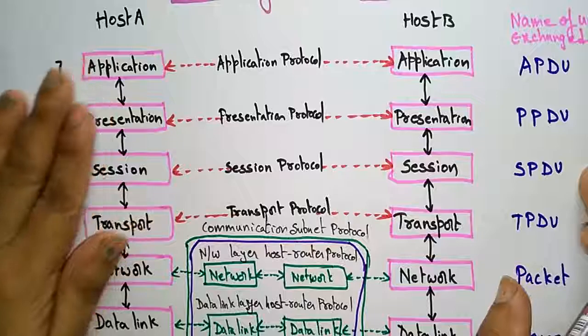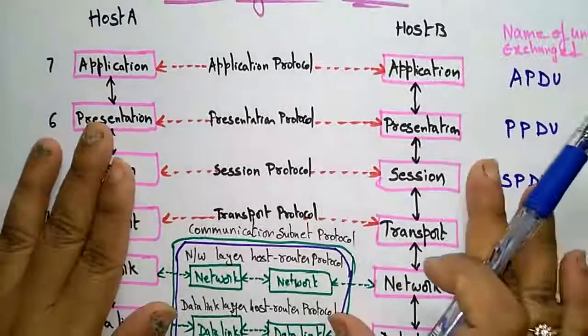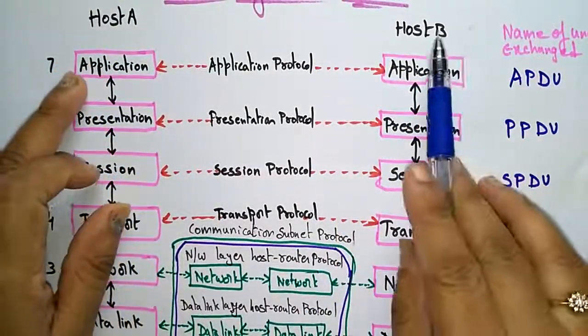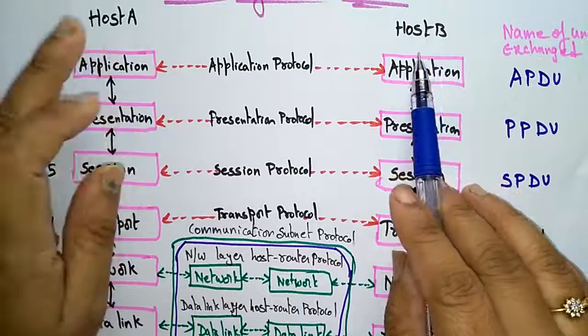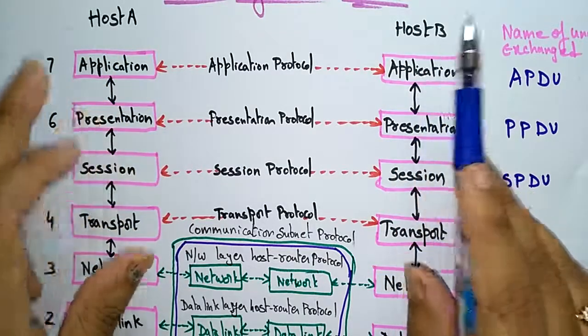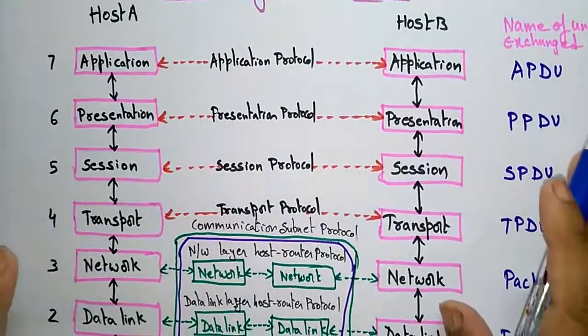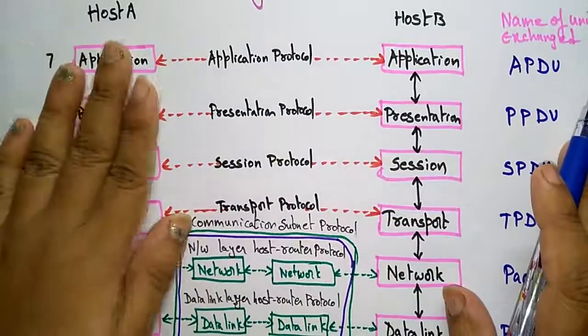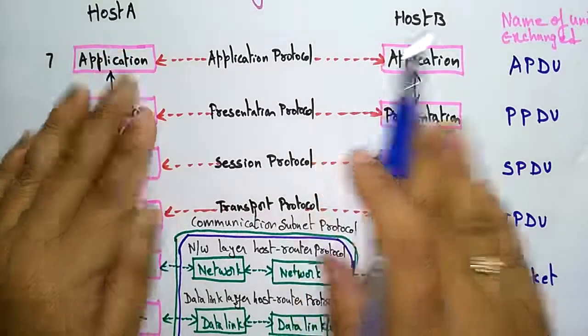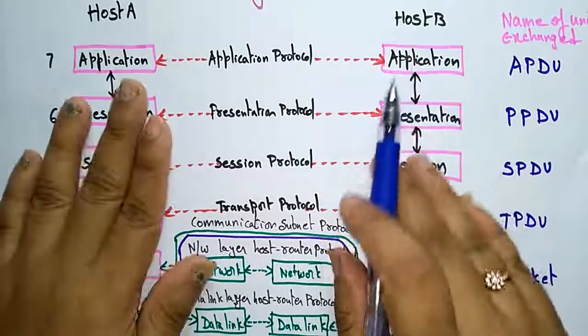Here there are two hosts, host A and host B. These hosts may be two computers: one a client and the other a server, or both clients, or both servers. Any of them. One is the sender and the other is the receiver, and sometimes each acts as a sender and as a receiver.